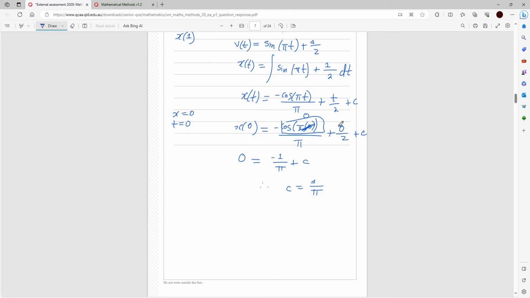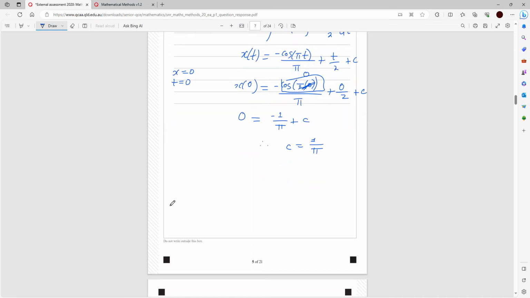Okay, now I'm going to rub a lot of this out, because I don't think I'll have enough room for this last bit. Or maybe, I'll see. Alright, so now we're looking for x of 1. So let's just write our full equation now. We know x of t is negative cos pi t on pi plus t on 2 plus 1 on pi.